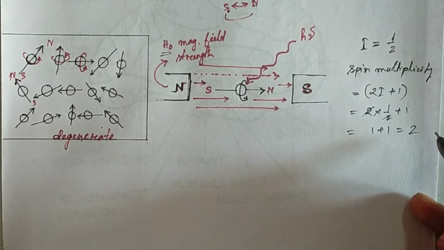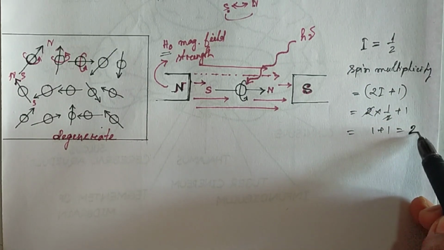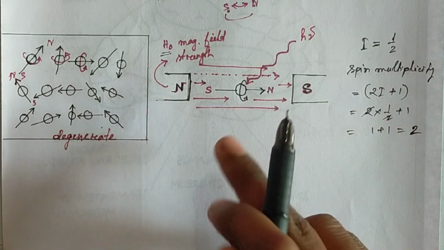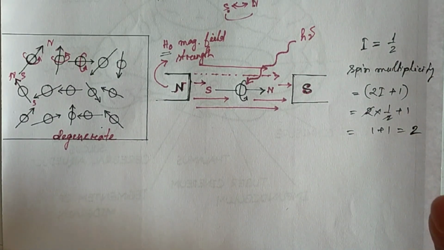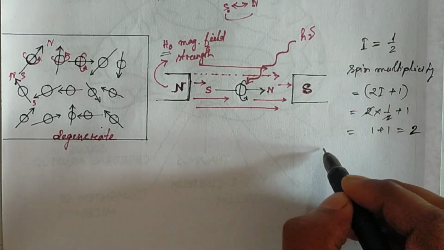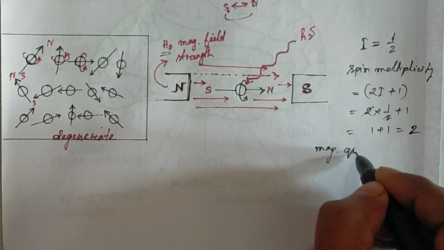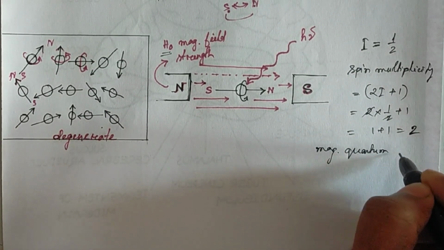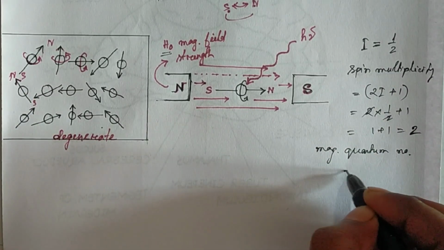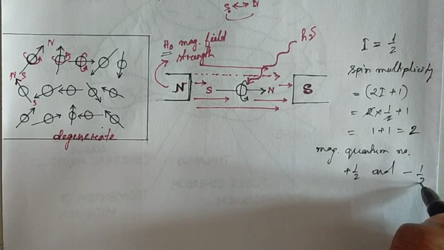That means if spin multiplicity is 2, the nucleus can orient itself in 2 different ways. So the magnetic quantum number will be plus half and minus half.